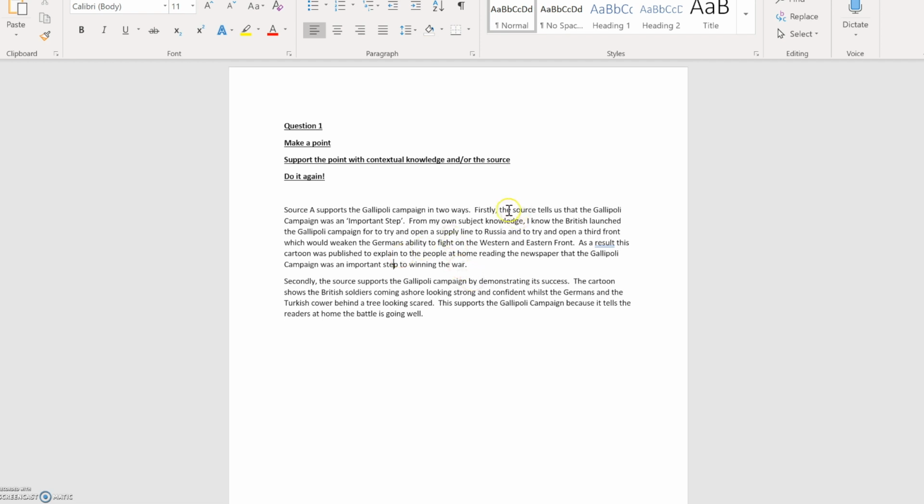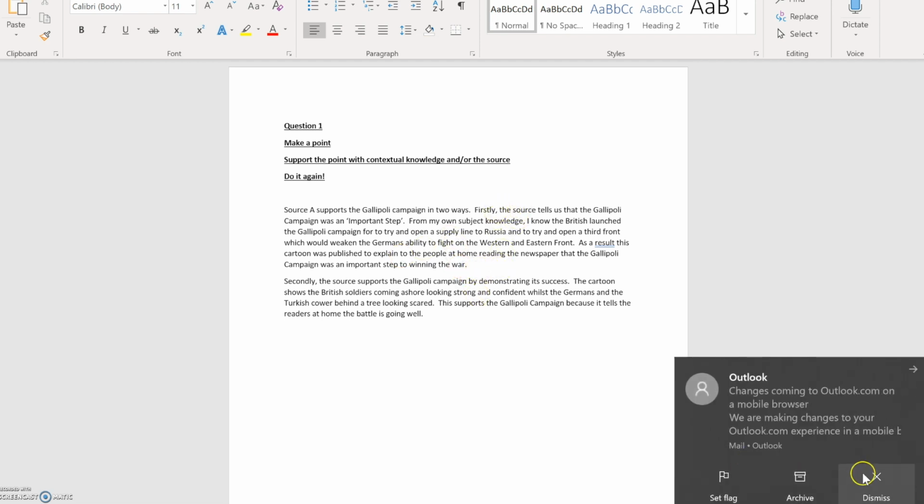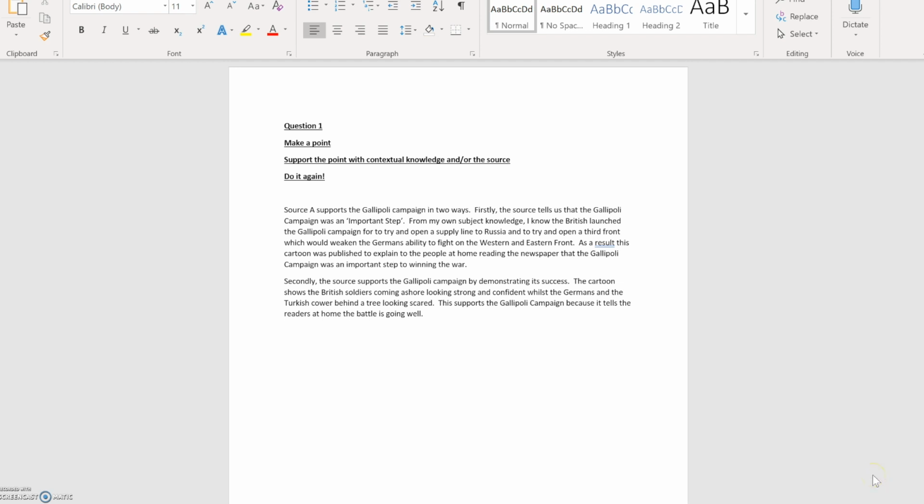Firstly, the source tells us that the Gallipoli campaign was an important step. From my own knowledge, I know the British launched a Gallipoli campaign to try and open a supply line to Russia and open a third front, which would weaken Germany's ability to fight on the eastern and western fronts.